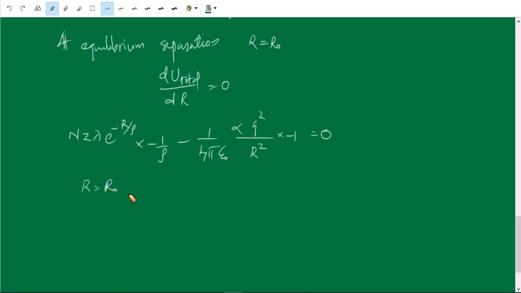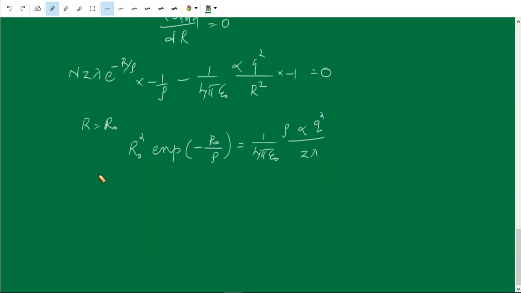That is the equilibrium. Rearranging this equation, r0 square exponential minus r0 by rho is equal to 1 by 4 pi epsilon 0 rho alpha q square divided by z lambda.